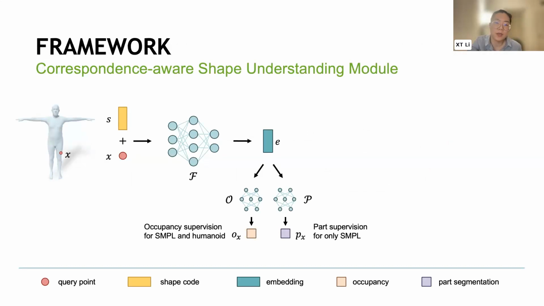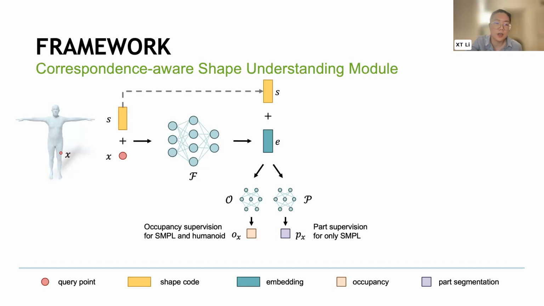Because we use SMPL to synthesize our training data, we have the ground truth occupancy and part segmentation label for supervision. But to further generalize the shape understanding module to stylized characters, we also include dozens of unrigged characters in the rest pose for training. Because these characters are unrigged, we don't have ground truth part segmentation labels.